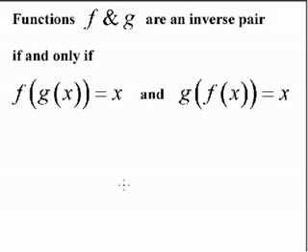We actually say that the functions f and g are an inverse pair if and only if you substitute g of x in place of x for f of x, you get x back. Similarly, if you look at g of x and you substitute f of x in place of x, you get x again. So when you look at the composite of the two functions, you get the identity function. The composite of the two functions, no matter which direction it's taken in, will always give you x.